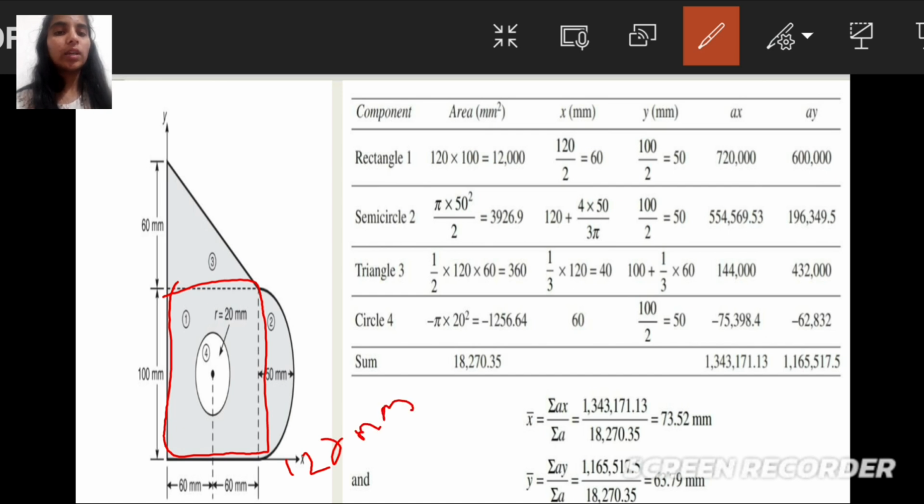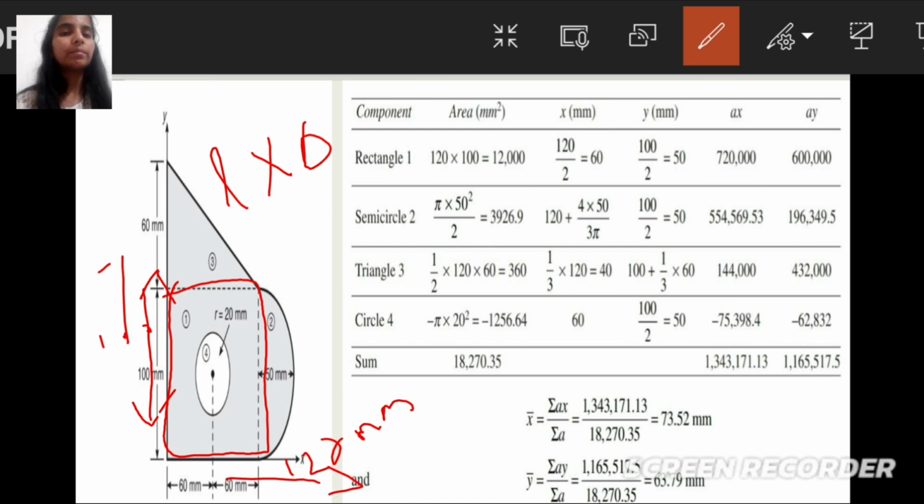And the height of the rectangle is 100 mm. So area of the rectangle is length into breadth, that will be 120 into 100, we will get 12,000.